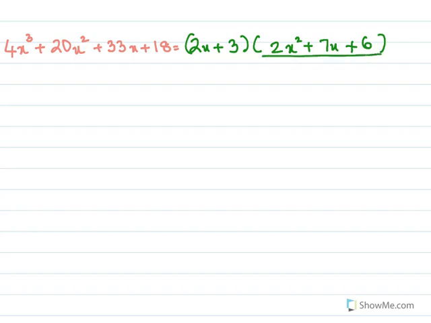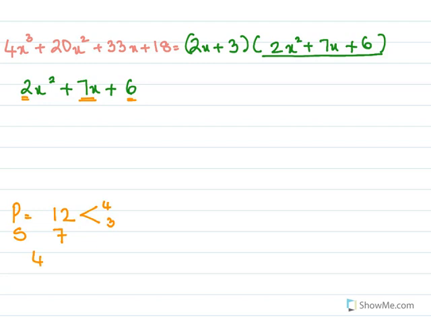Now we'll take this other factor and factorize it further. So to factorize further you have 2 into 6, so your product should be 12 and your sum should be 7. So product 12 means 4 and 3. So 4 plus 3 is 7, 4 into 3 is 12.